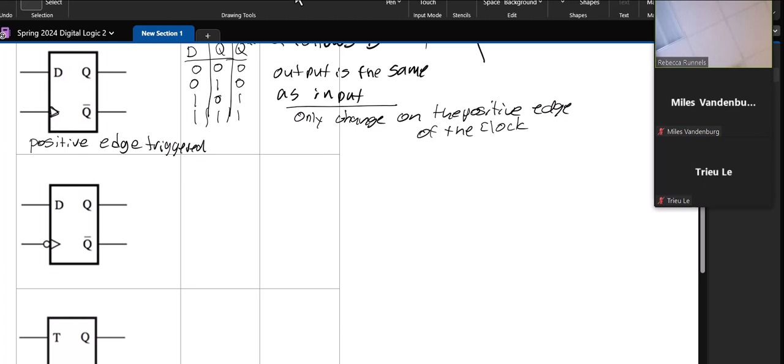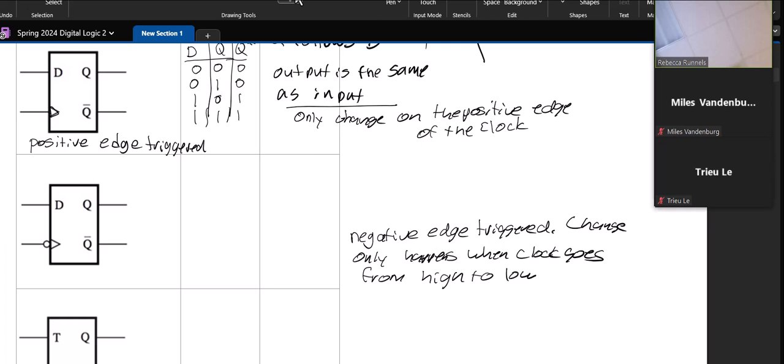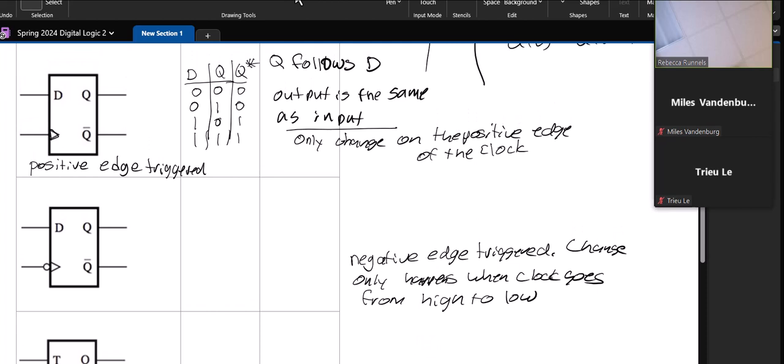Okay, now this next one is a negative edge triggered. So change only happens when clock goes from high to low. However, what it does is the same.